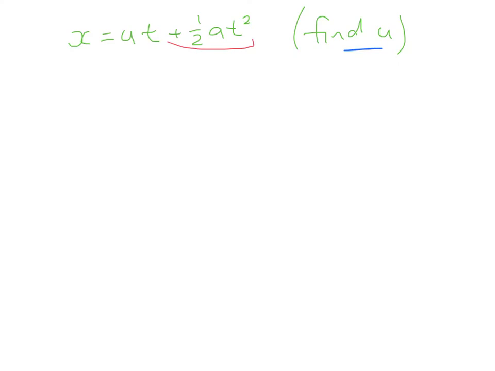So honestly, the easiest way of dealing with this whole plus a half AT squared is to take away a half AT squared from both sides. And that is going to cancel that down. So what we'll be left with is x minus a half AT squared is equal to UT.